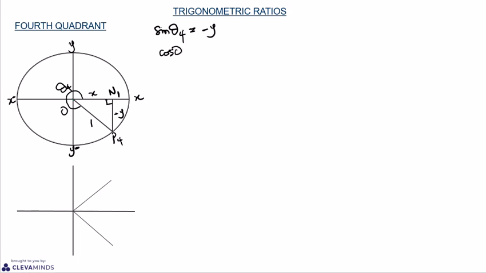Cos theta 4, the ratio of the adjacent to the hypotenuse, and that's X. Then tan theta 4, that's the ratio of the opposite to the adjacent. Right? Good. So that will give us negative Y over X. Right? Good.